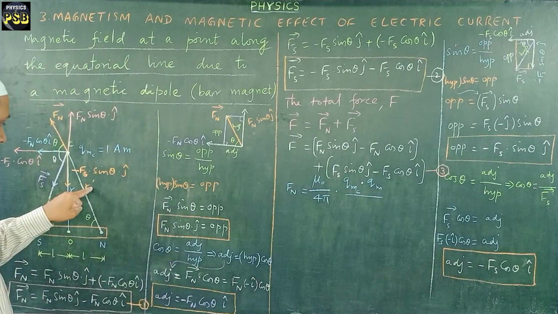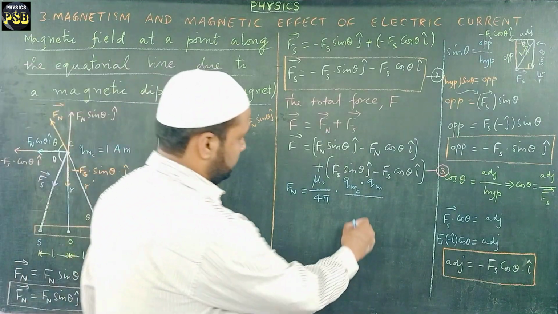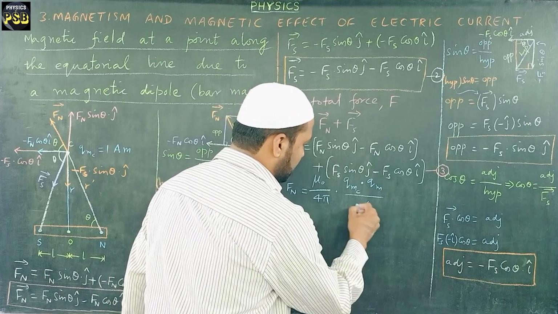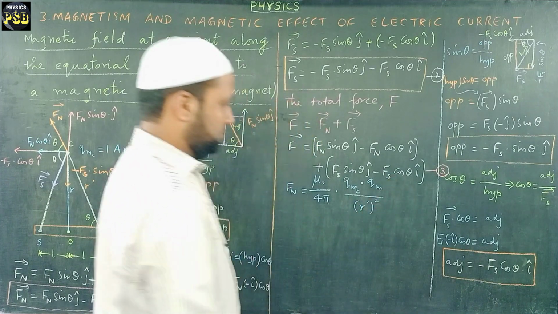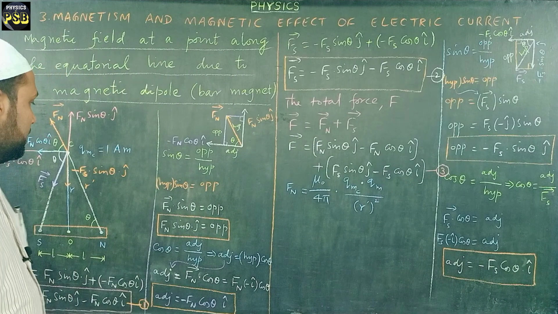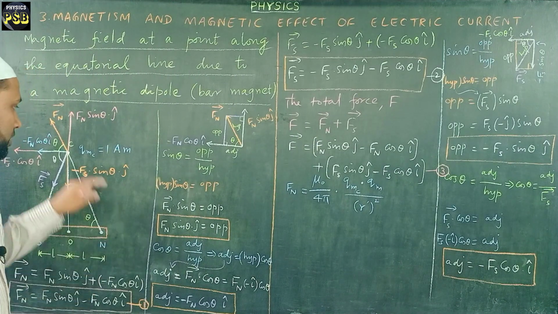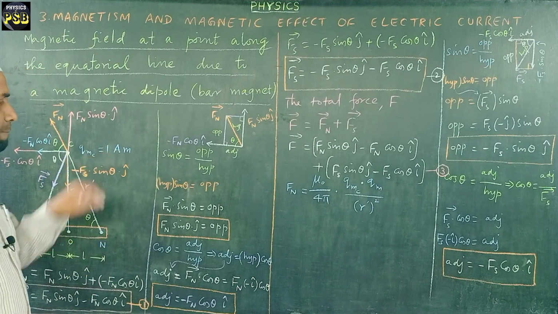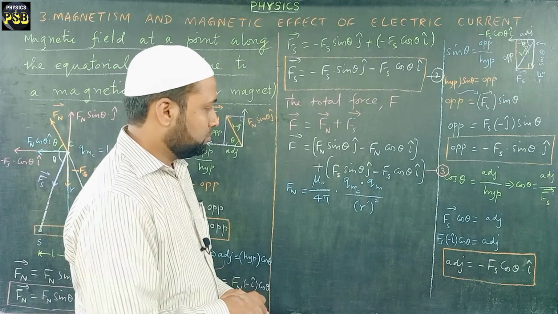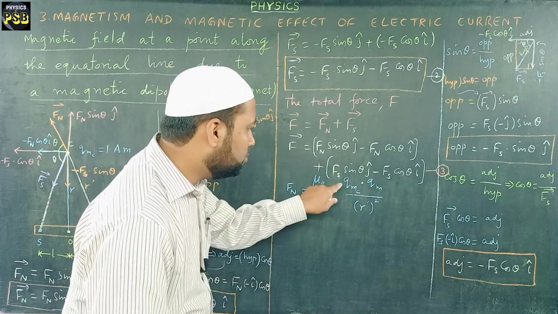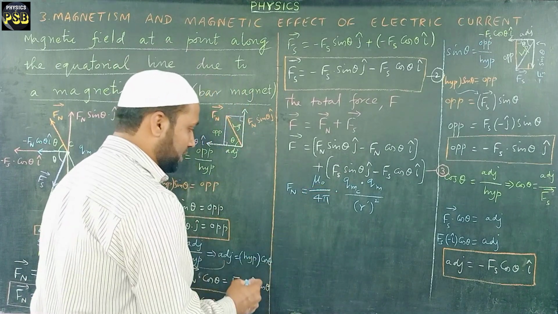It is nothing but r dash, and I square it. Clear? And I think you remember QmC is nothing but 1 ampere meter. So in the place of QmC I write 1.